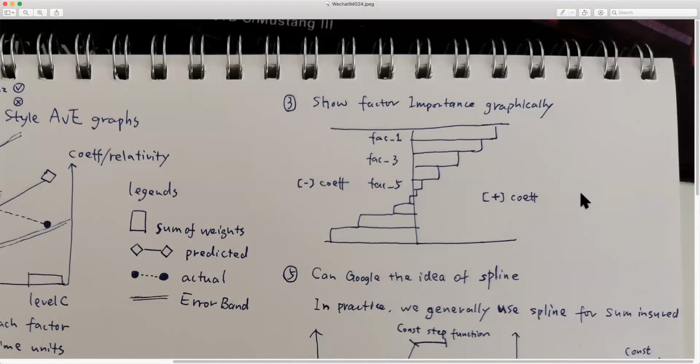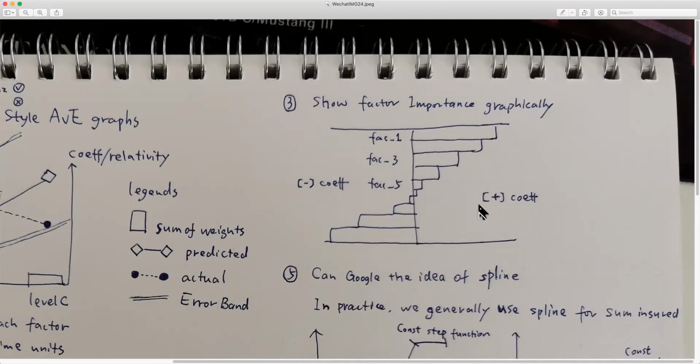What you can do is extract the coefficient table from your model object, and then sort the factors by the size of the coefficients. For example, factor 1, factor 2, factor 3, and so on. Well, this is the 0 line.